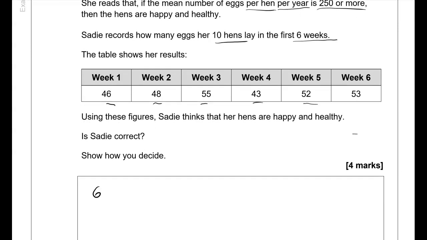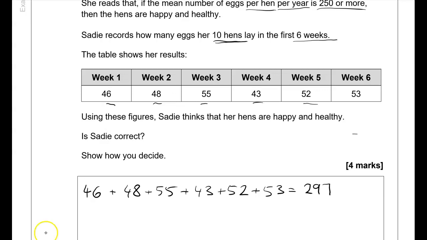So 46, add 48, add 55, add 43, add 52, add 53, which gives us 297. This is how many eggs the 10 hens lay in the first 6 weeks.